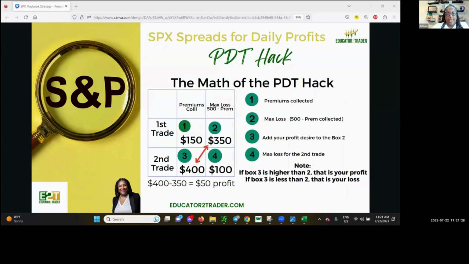Second trade, you added $50, got your $400, and 400 minus 350 is $50 profit. Again, our note: if box 3 is higher than 2, that's your profit money. If it's less than that, then that's loss money. And you'd rather have less than max loss if you can, avoid it at all. That's why we're using the PDT hack to avoid max loss.